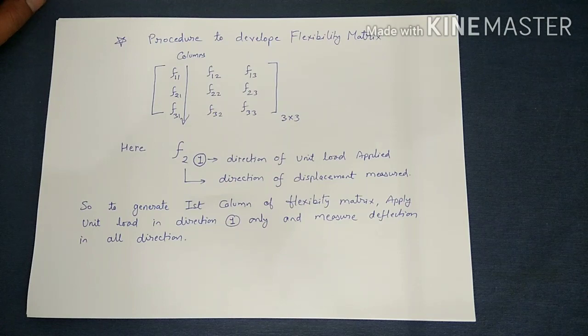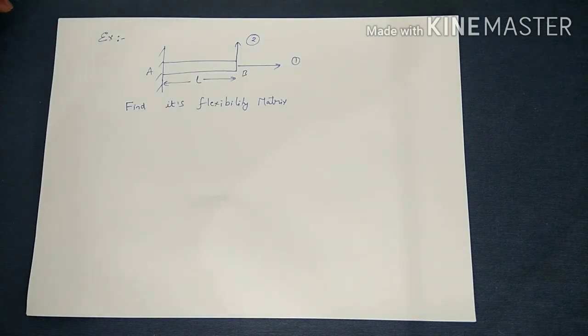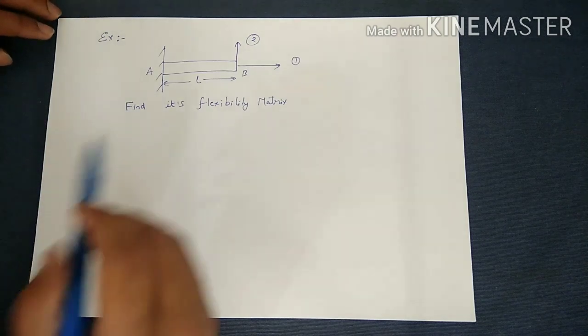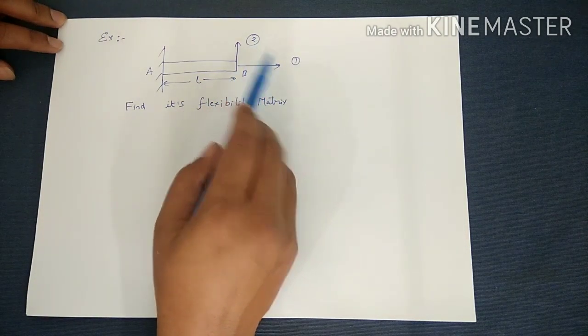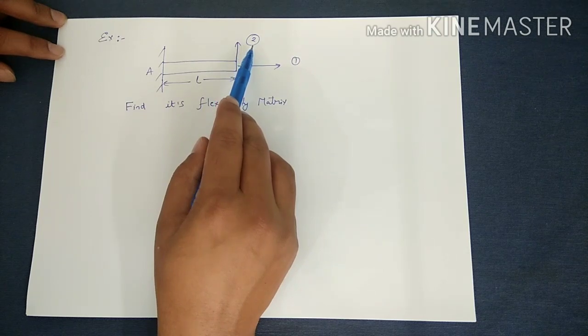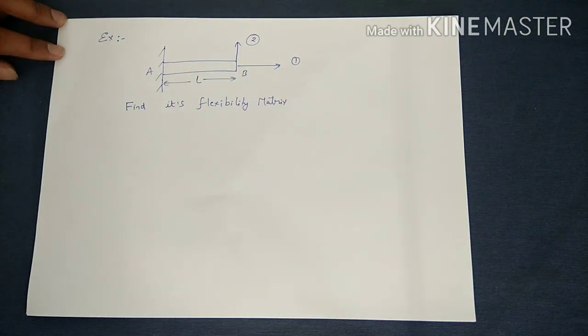So let's understand with a simple example. Here we have the question. The question says to find its flexibility matrix, in which there are 2 coordinates, that is 1 and 2. Therefore, the size of the matrix will be 2 by 2.